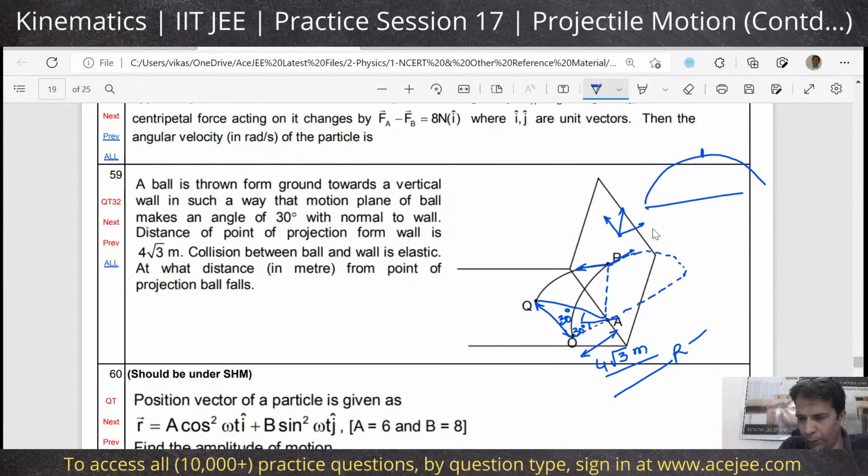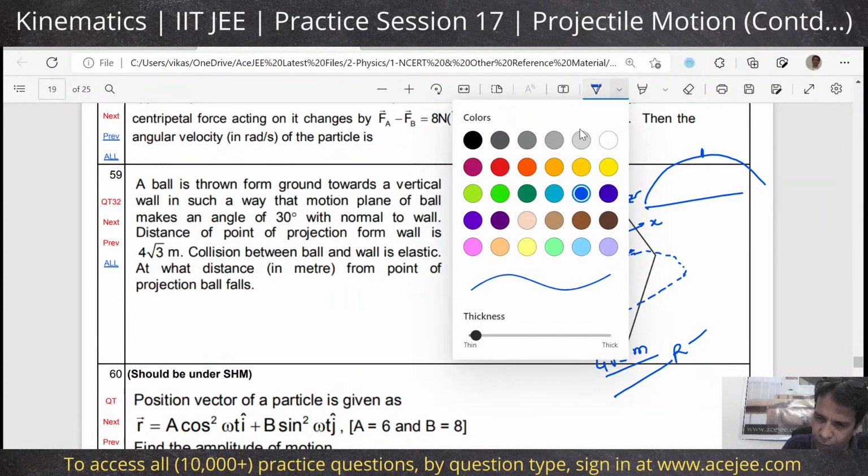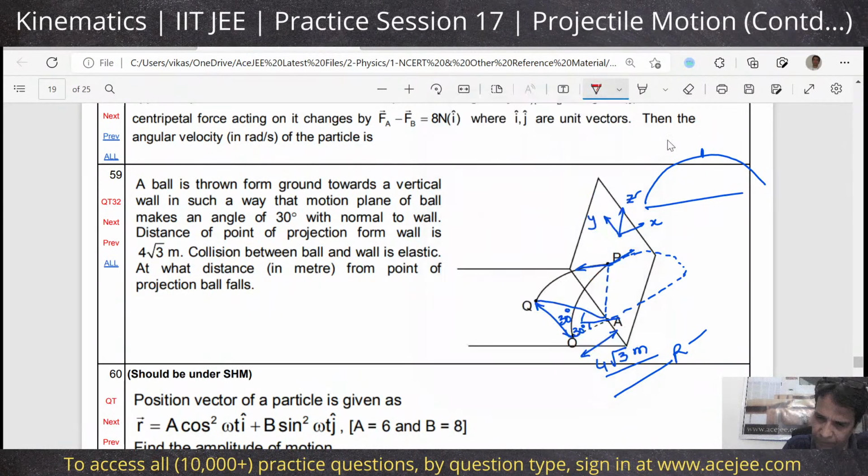I'm calling, let's say, perpendicular to the wall as X, along the horizontal and along the wall is Y, and the vertical direction is Z. Then after the collision, let me change the color. There we go. So after the collision, what will we have? This component will not change. This component will not change. This component will reverse as it is. Okay.